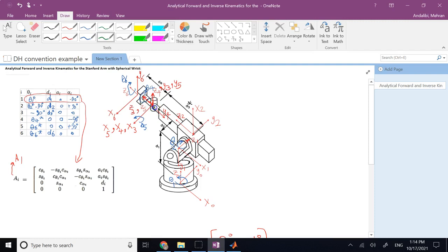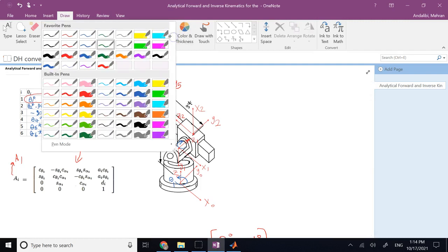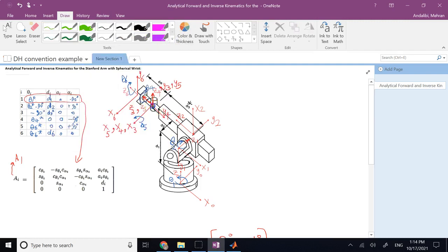So if I call this point W or P or whatever you want to call it, in our lecture I use point C, right? So if I call that point C, then the position of C in base is going to be what?